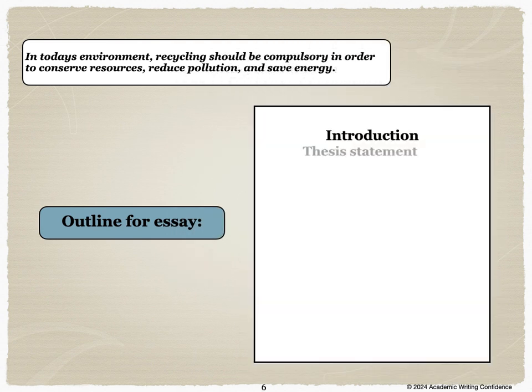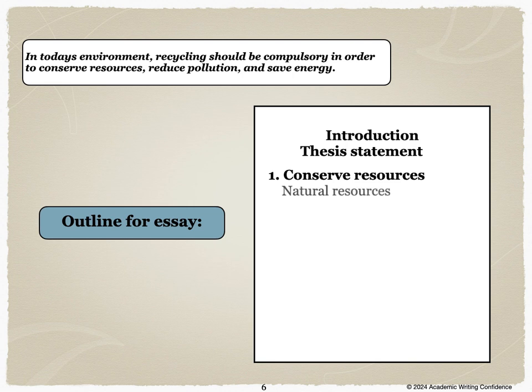Now we need to fill in the outline a little bit more in detail. For conserving resources, you might talk about what kind of natural resources could be protected. For example, recycling paper would save more trees. In this part of your essay, you might talk about other natural resources and give other examples as well.